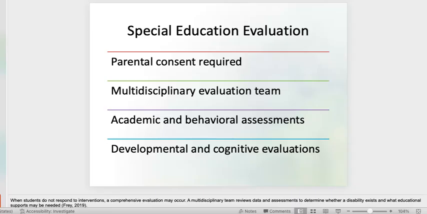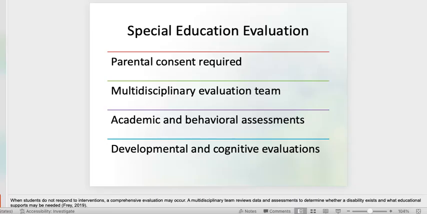Special education evaluation. If a student does not respond to interventions within the MTSS framework, the school may initiate a formal special education evaluation. IDEA requires that schools obtain parental consent before conducting an evaluation. The evaluation is conducted by a multidisciplinary team which may include general education teachers, special education teachers, school psychologists, and other specialists.